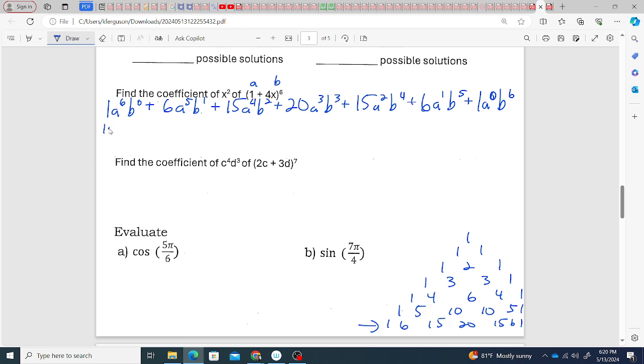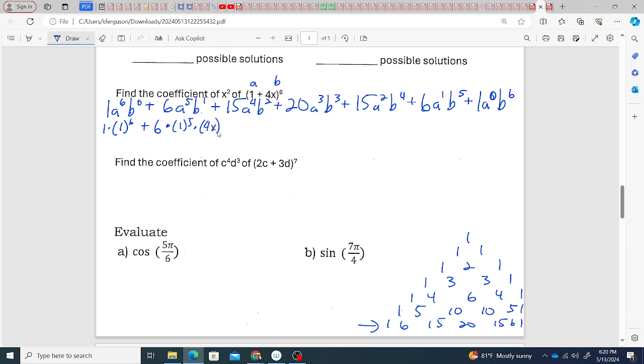So I've got 1 times a to the 6th power. So that's just 1 to the 6th power, and then b to the 0. Anything to the 0 is just 1, so that's not going to matter. So next, I've got 6 times a to the 5th power. Well, that's just 1 to the 5th power times b to the 1st. Well, b is 4x.